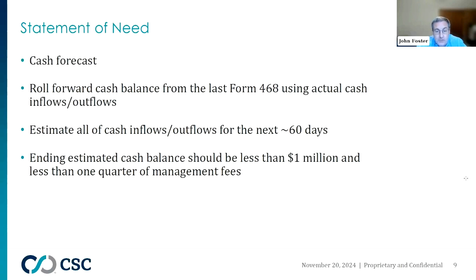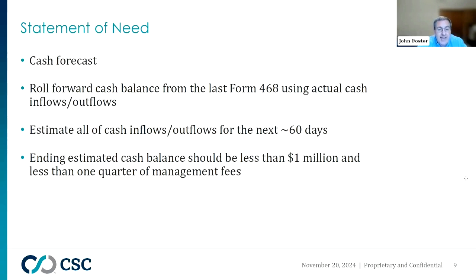So this is going to include all of the expected inflows and outflows. What coupon payments are coming in, what expenses are being paid, what securities are you purchasing. If there's a separate line of credit you have in place, what is going on with that as well.